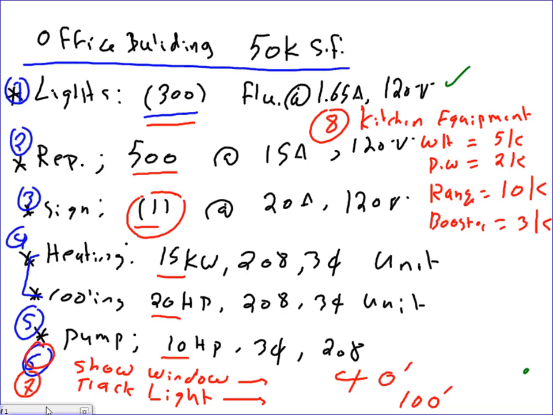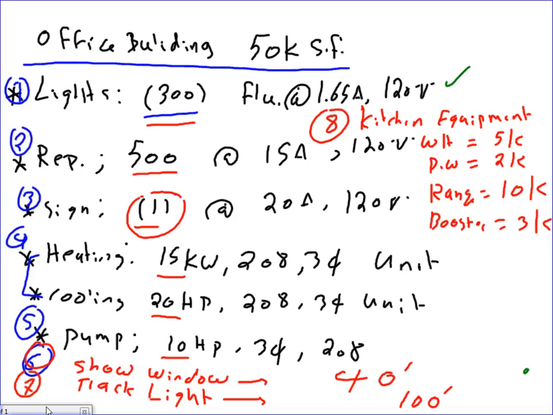Any question about the given? Camille, my friend, any question? You have lights, receptacles, heating, cooling, pump, show window, and a few equipment in the kitchen. Any question about the given? I'll give you guys a few seconds to digest them.